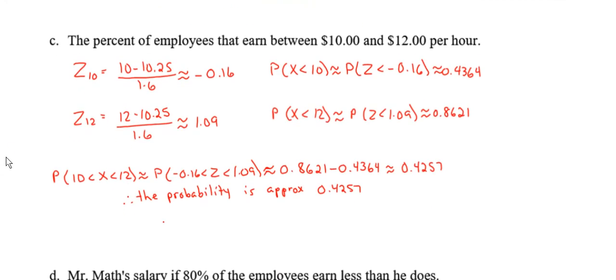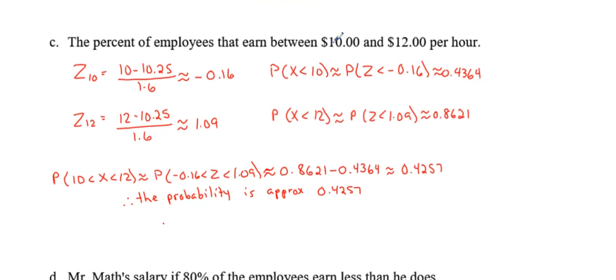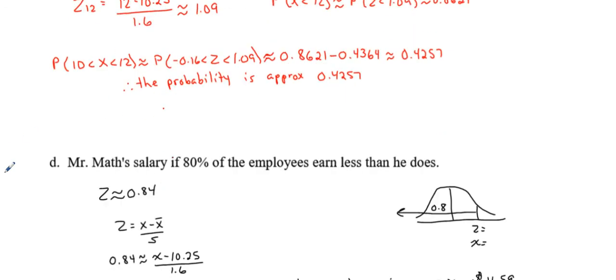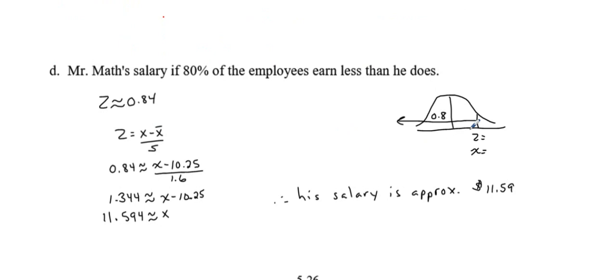For question C, for each value, change it into a z-score. For each z-score, find the probability of being less than that number. And then to find the probability of being in between, you have to subtract the two probabilities. For question D, the probability we're interested in is 0.08.